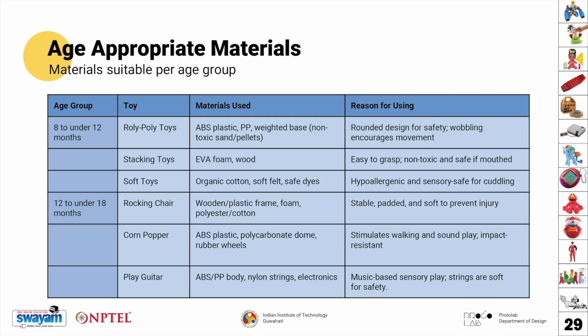Similarly, a toy guitar is made from ABS or polypropylene with nylon strings and simple electronic components. The materials are lightweight and durable, while the soft strings ensure safety, allowing children to explore music based sensory play.